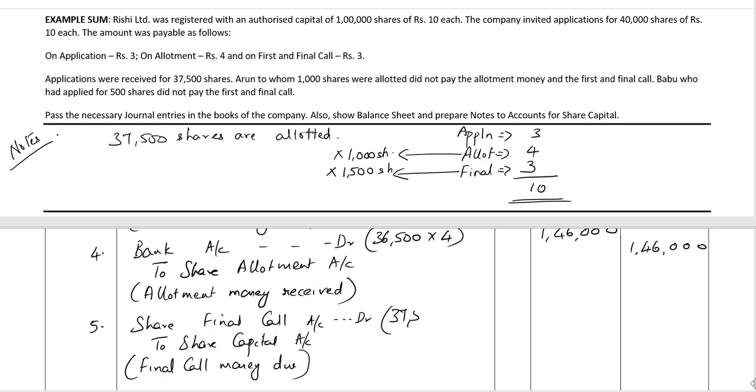It's due on 37,500 shares multiplied by 3, comes up to 1,12,500 rupees.